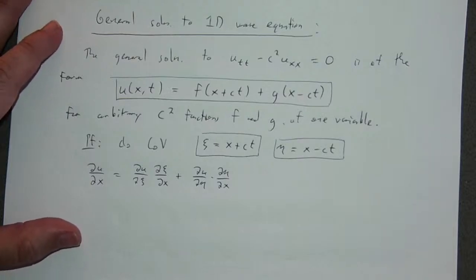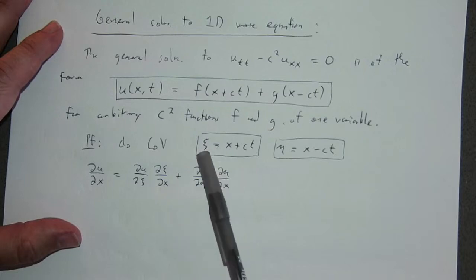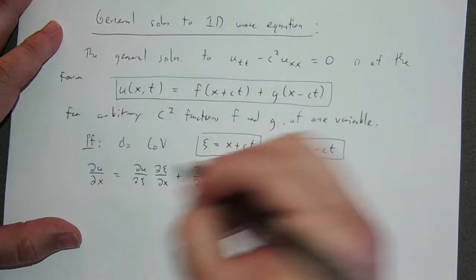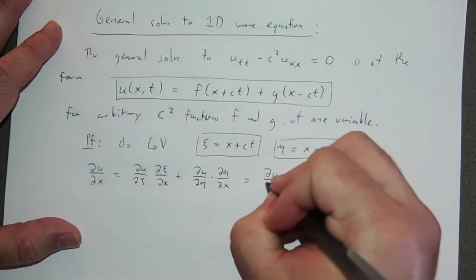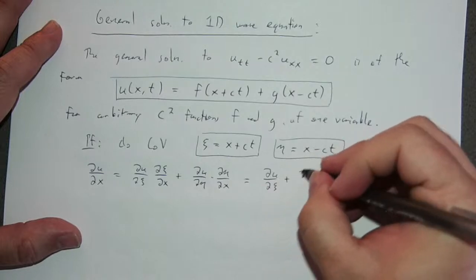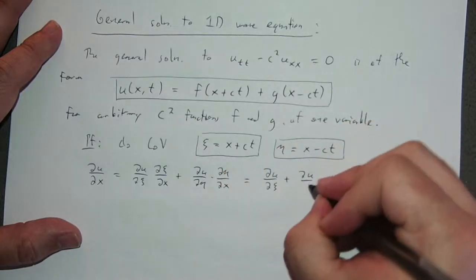But the partial of both c and eta with respect to x is just 1. So this is a sum: the u partial with respect to c plus the u partial with respect to eta.